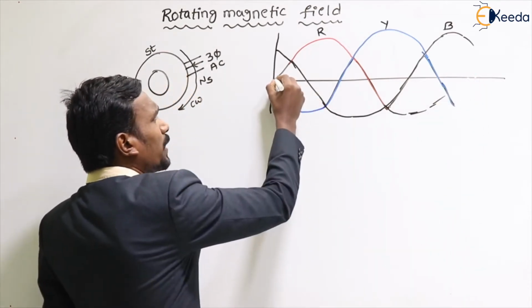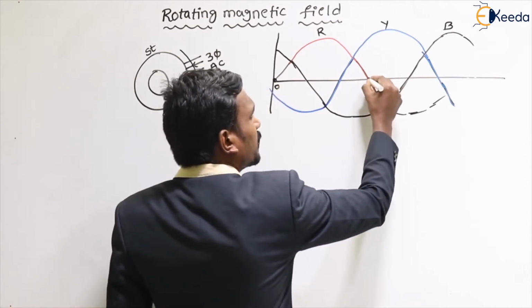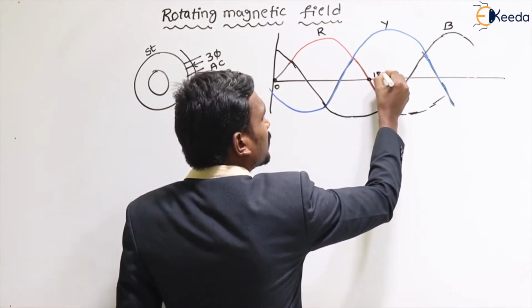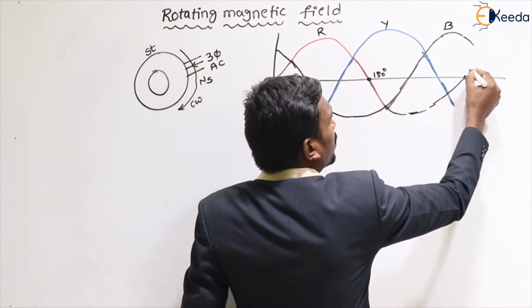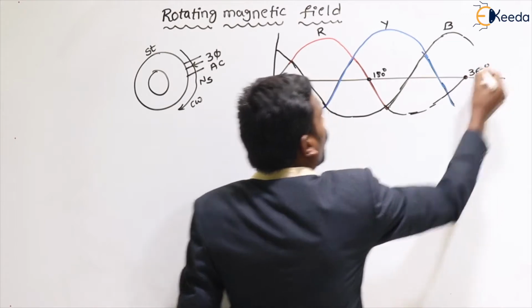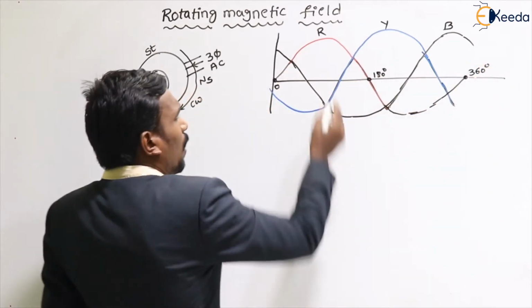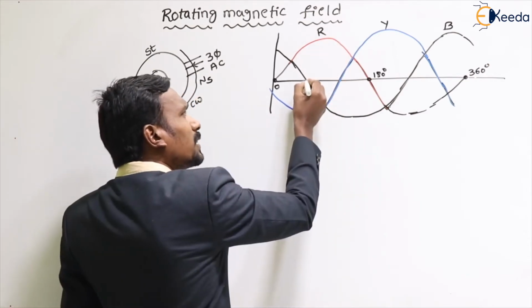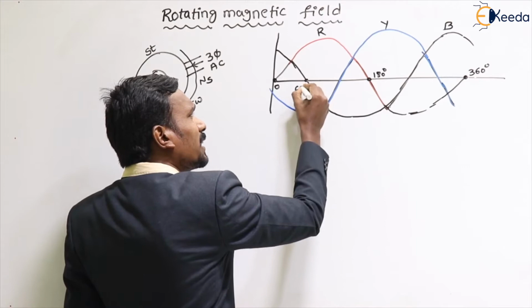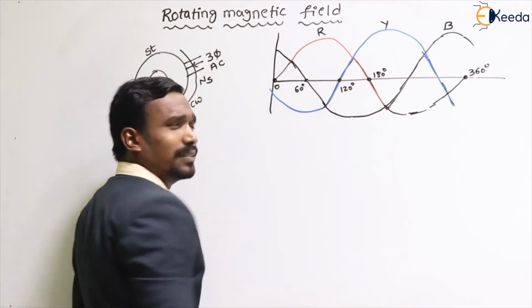Of course, you know very well this is 0 degrees, and this is 180 degrees. When it comes here, this is 360 degrees. One complete cycle of R. Of course, this is 90 degrees in between here, this is the 60 degrees point and this is the 120 degrees point.